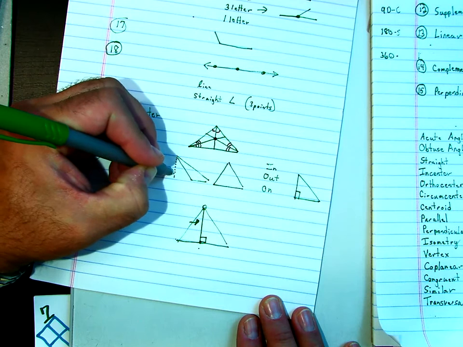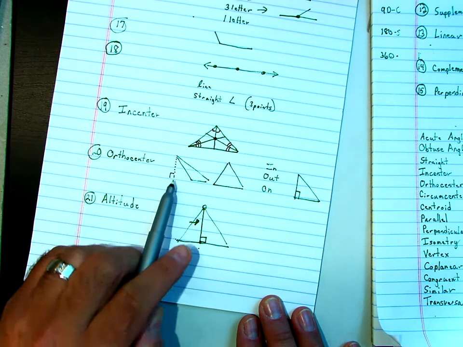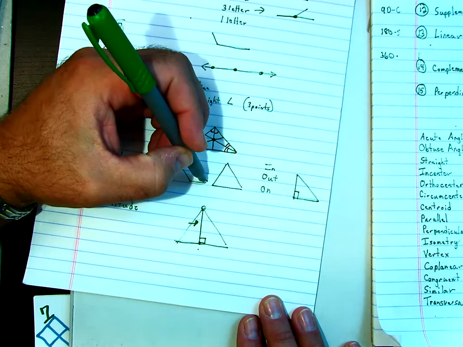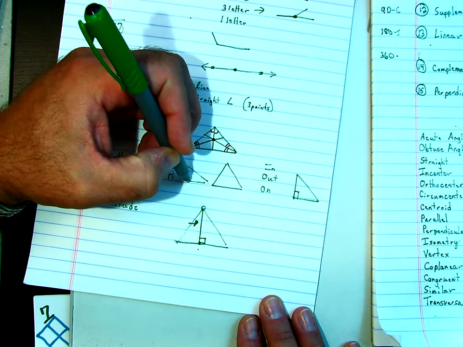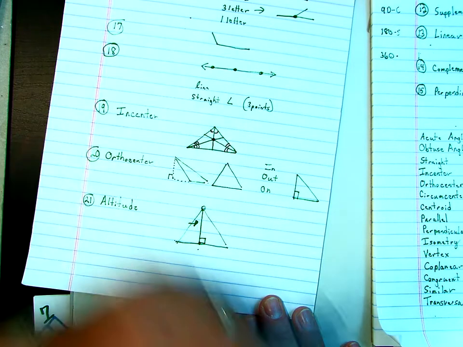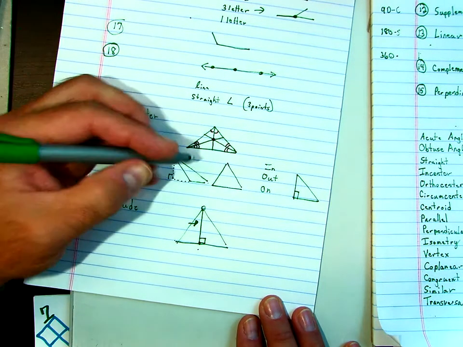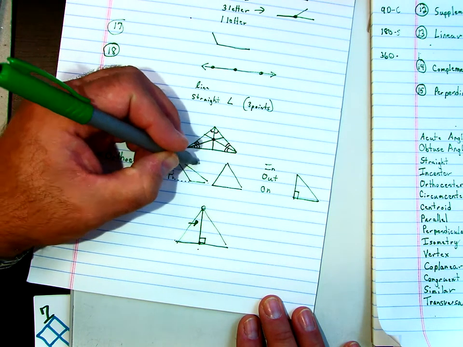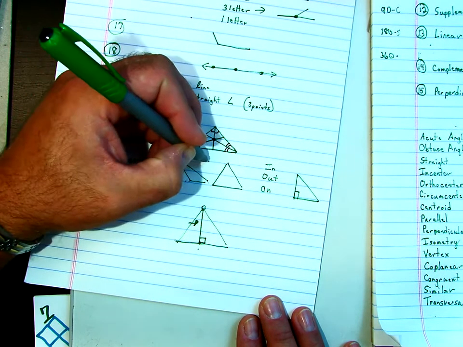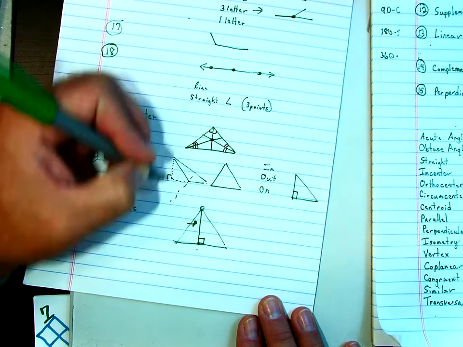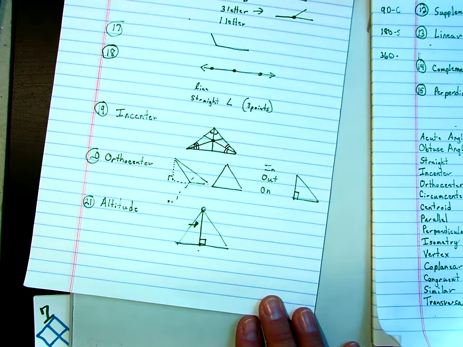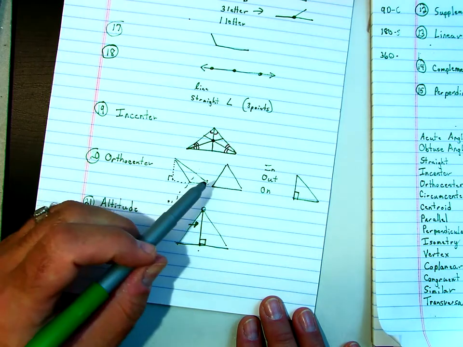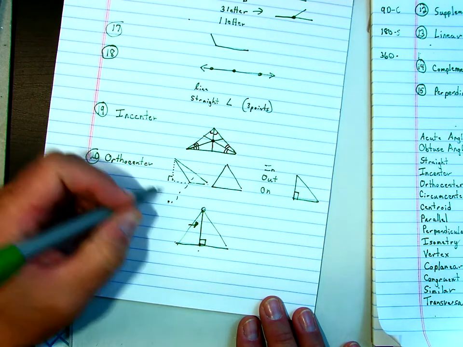Because the altitude for this vertex will be outside. They extend out further. So you're looking at something that looks like this. It would meet somewhere down here.